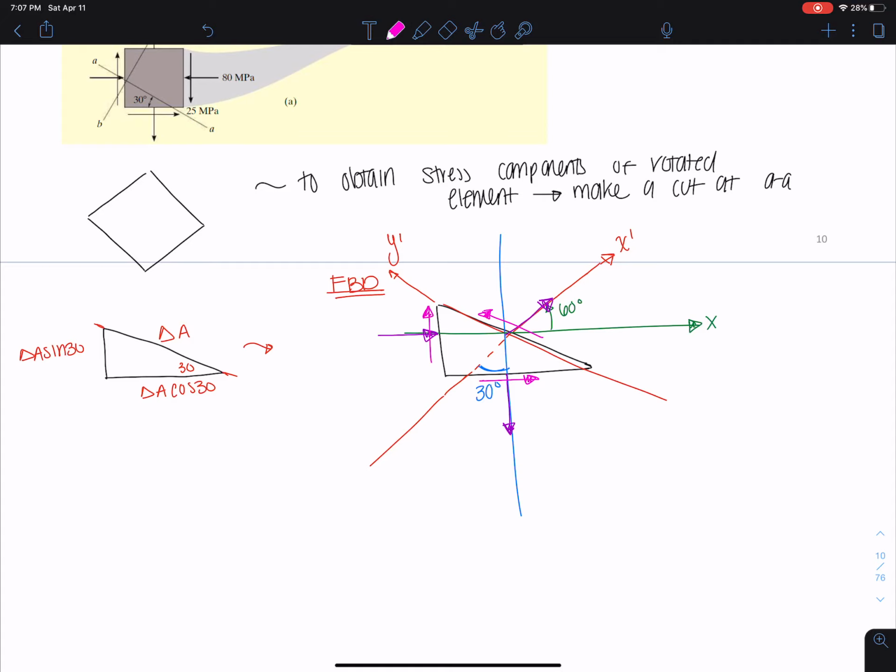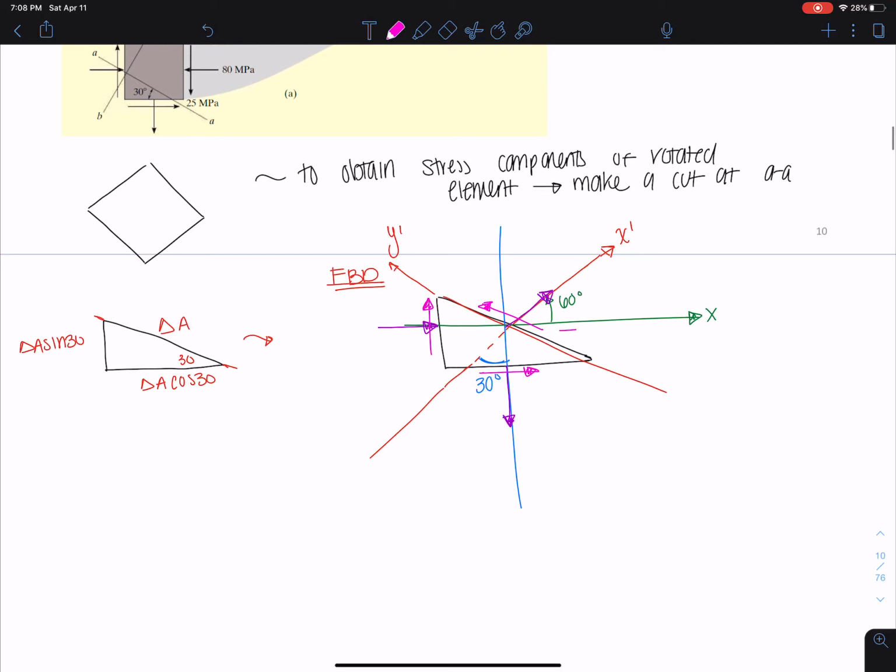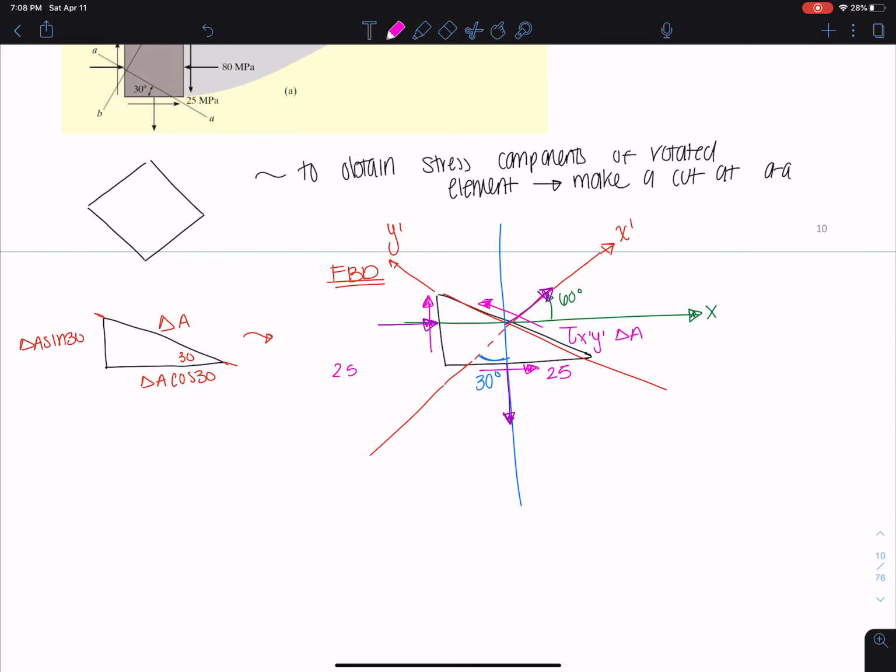What we know about these is that our shear here is going to be tau x prime y prime times delta A. We know here we have this 25. Here we would have 25 delta A sine 30.